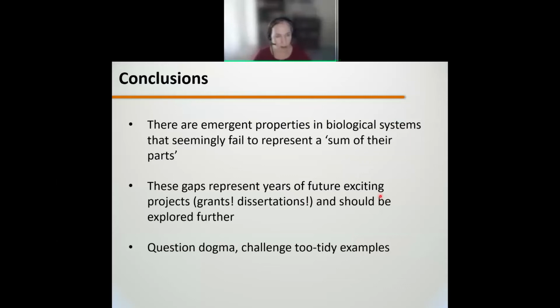In conclusion, there are some emergent properties in biological systems that seemingly don't match our predictions. They don't match what we model or expect to happen. But these particular gaps are really exciting. And this is where we can spend a lot of our time. If you're planning on starting a dissertation or writing a grant, this is the stuff that we should spend more time in.